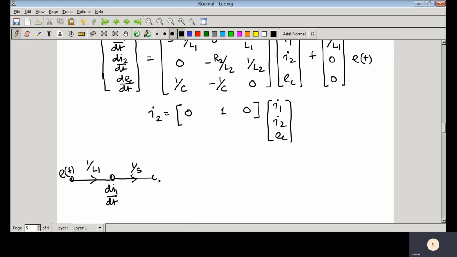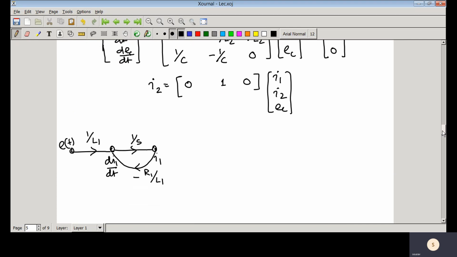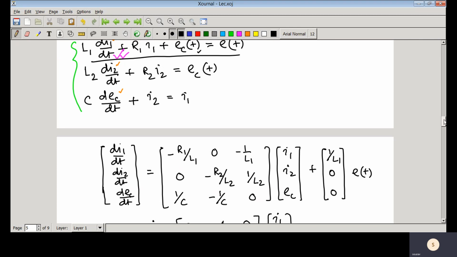If you put one integrator here, that would be your I1, and then you need one feedback here, that is minus R1 by L1. Here you can see, if you divide by L1 and take this to the right hand side, then that would be I1 dot equal to minus R1 by L1 into I1, plus another term, minus 1 by L1 into EC. So here, if you multiply this one with 1 by C, then you will get this one.